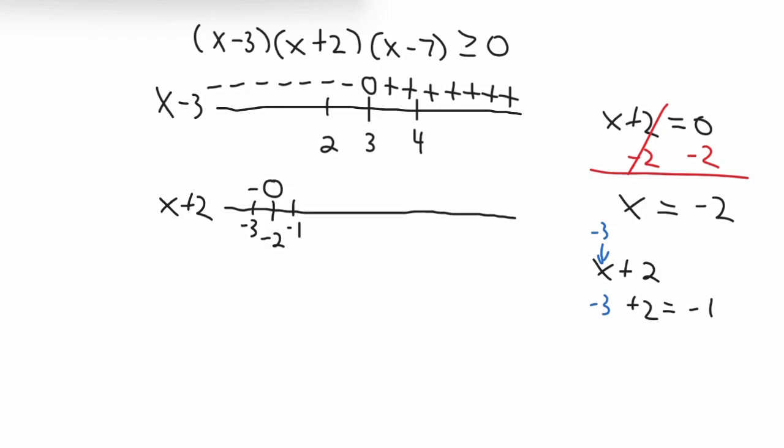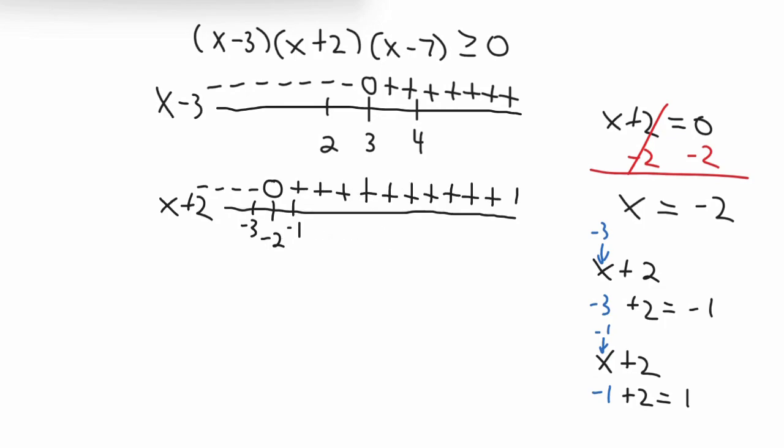Now let's do negative 1 for x. Negative 1 plus 2 equals 1. That is a positive value. So for values greater than negative 2, like negative 1, or anything to the right, it's going to be positive. Write that out there.